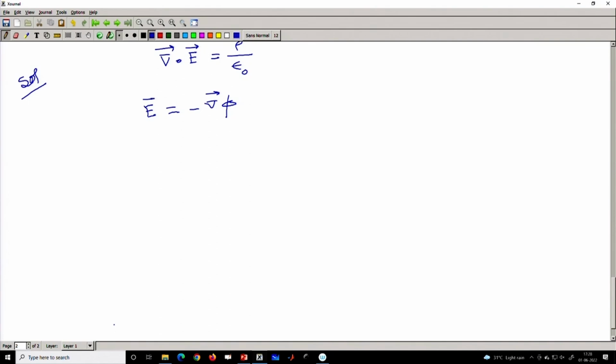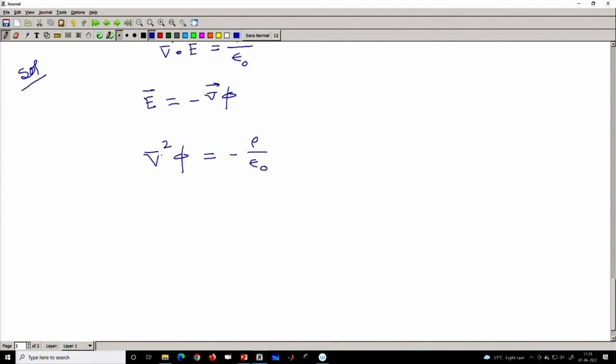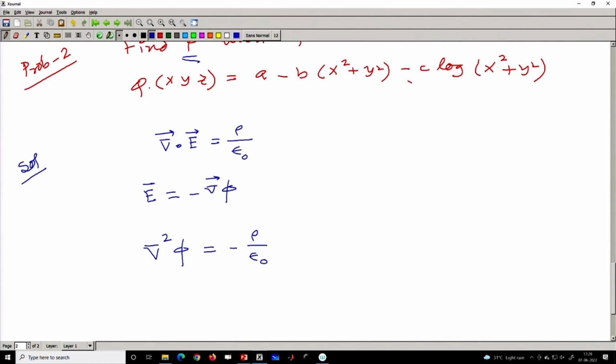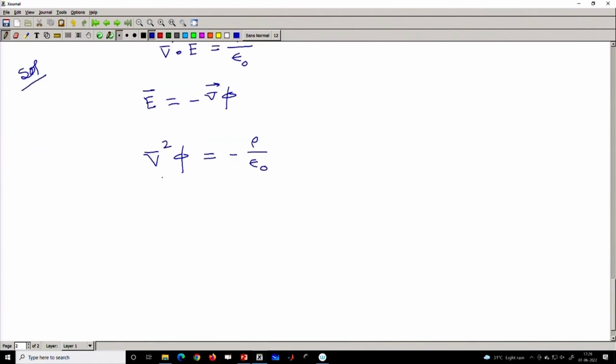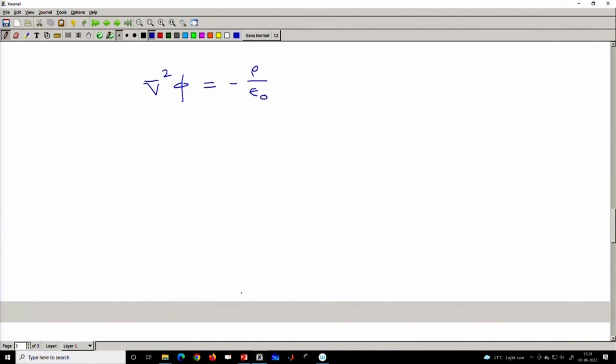If I put that in, we have a Poisson equation, which suggests that the Laplacian of phi is equal to minus rho by epsilon naught. So eventually, the explicit form of phi is given, and I just need to find out the value when we apply this Laplacian over this phi, that is all.